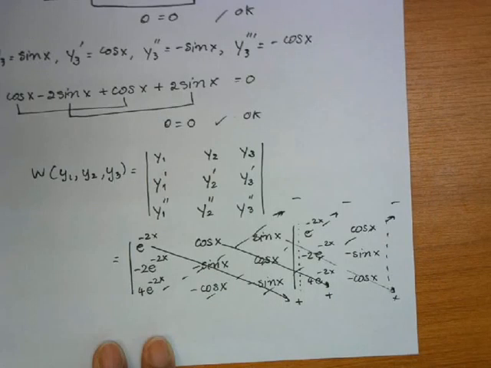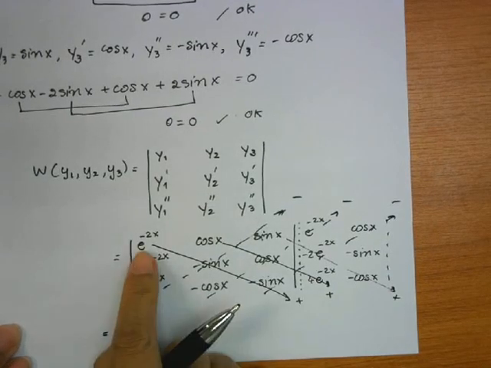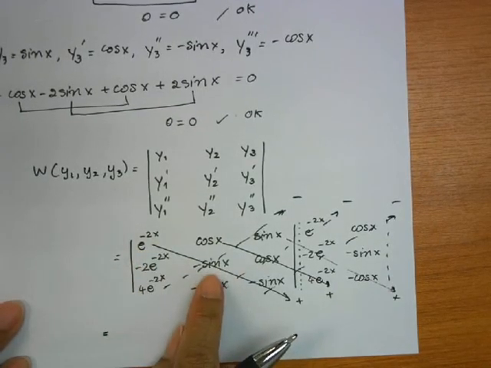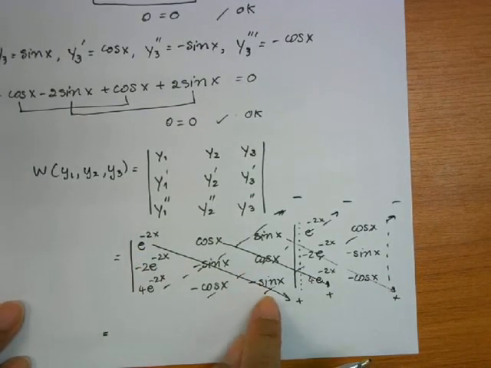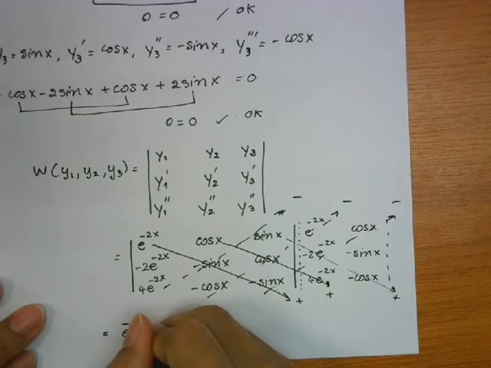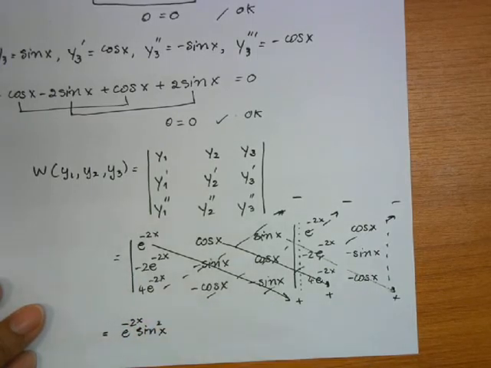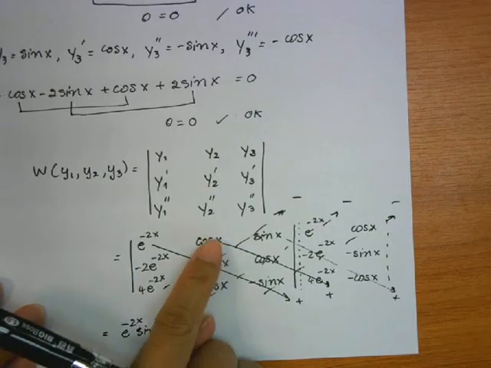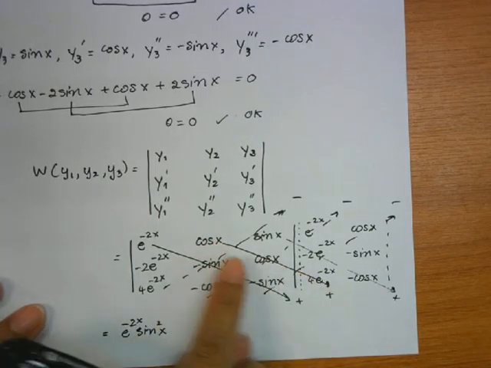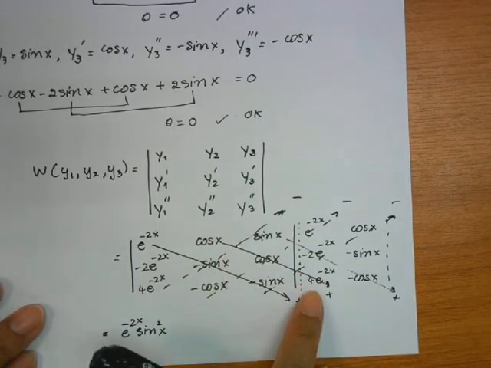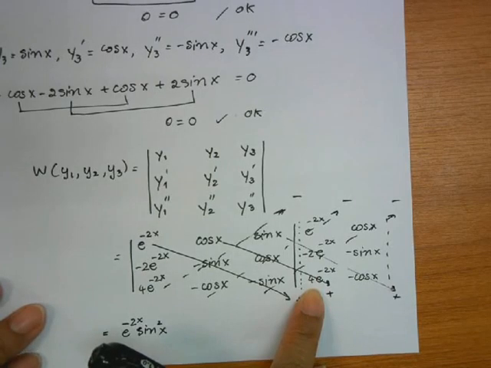The first term is exponential of minus 2x times minus sin x times minus sin x. You would get exponential of minus 2x sin square x. The second term going down, cos x times cos x times 4 exponential of minus 2x.